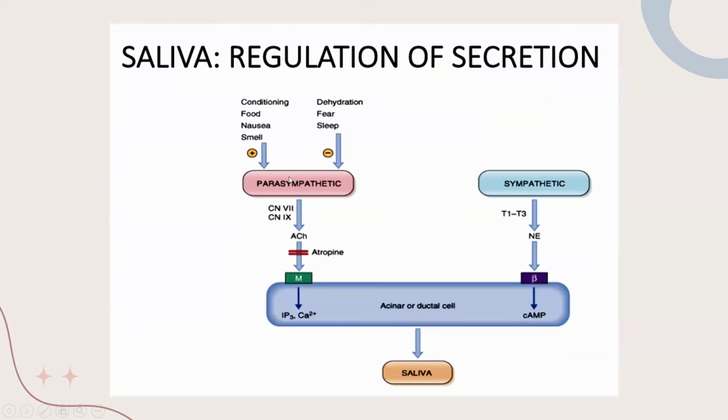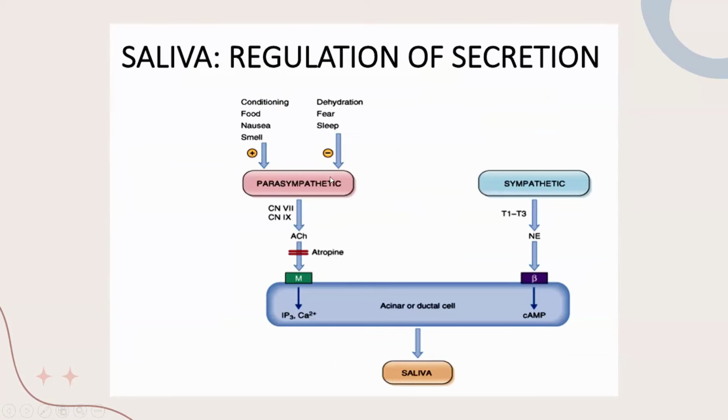The regulation of secretion, so this is the parasympathetic and the sympathetic again. The parasympathetic, we have the conditioning, as I said, the sounds, the visuals, whatever it is. The food, the nausea, the smell, all they activate the parasympathetic, and we have the dehydration, fear, sleep.